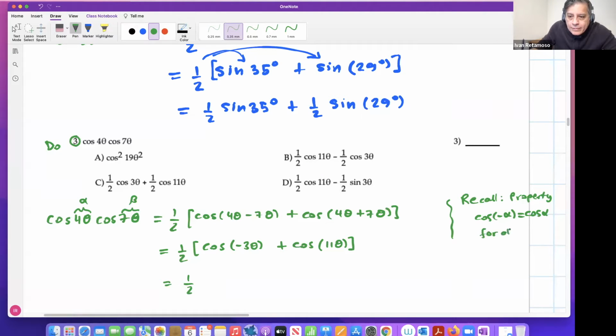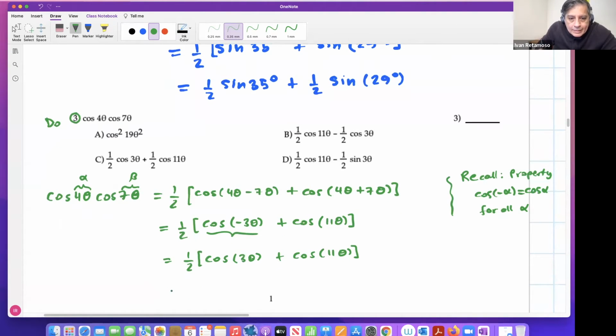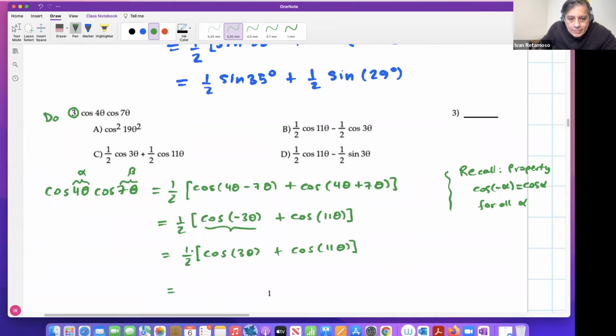For all alpha. So we apply the property here and we can get rid of that negative sign. We can say that this is cosine of 3 theta, okay? 3 theta plus cosine of 11 theta, right? So get rid of negative signs if they appear using this property. Now, finally, just distribute the multiplication of 1/2 over.